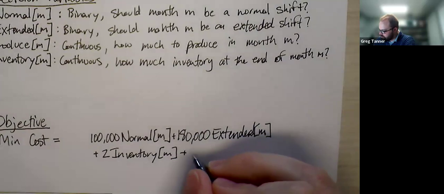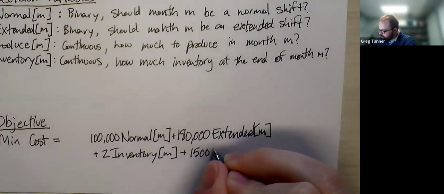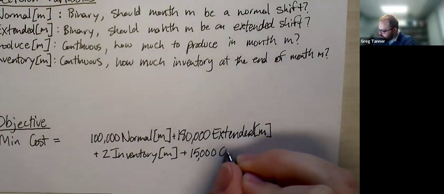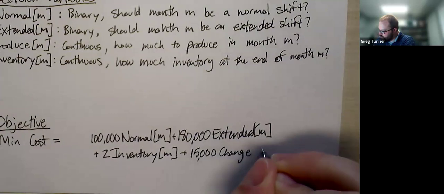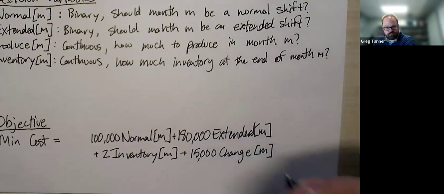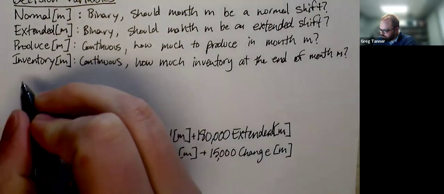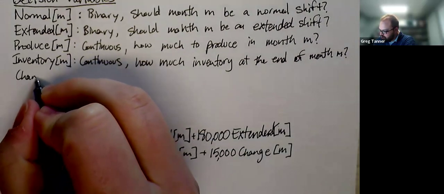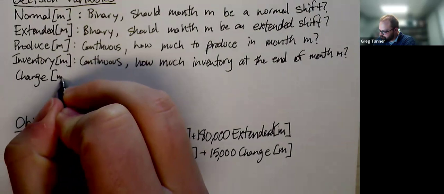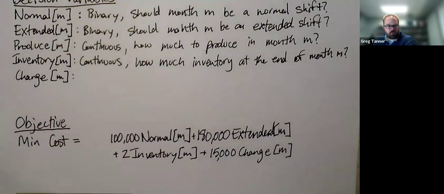So I'll say plus 15,000 times change M. Okay, so let's go ahead and define that new variable. We want this change variable to record whether or not we change from a normal shift into an extended shift.